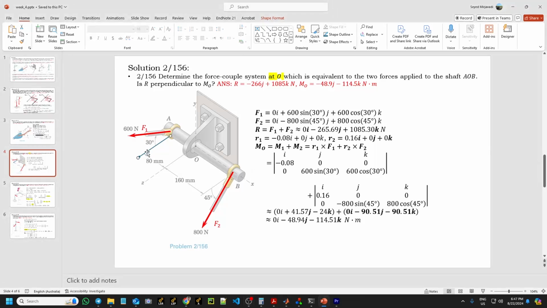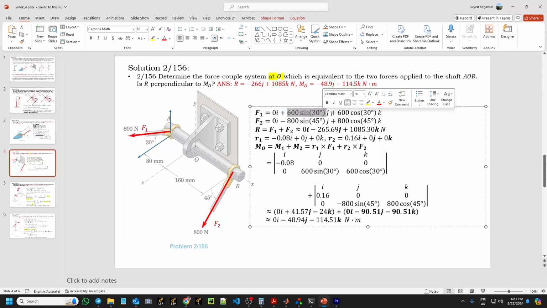What about the other one? This is the other component. So it will be 600 sine 30, and look at the y-axis. They are parallel, so it will be plus j. It is positive.